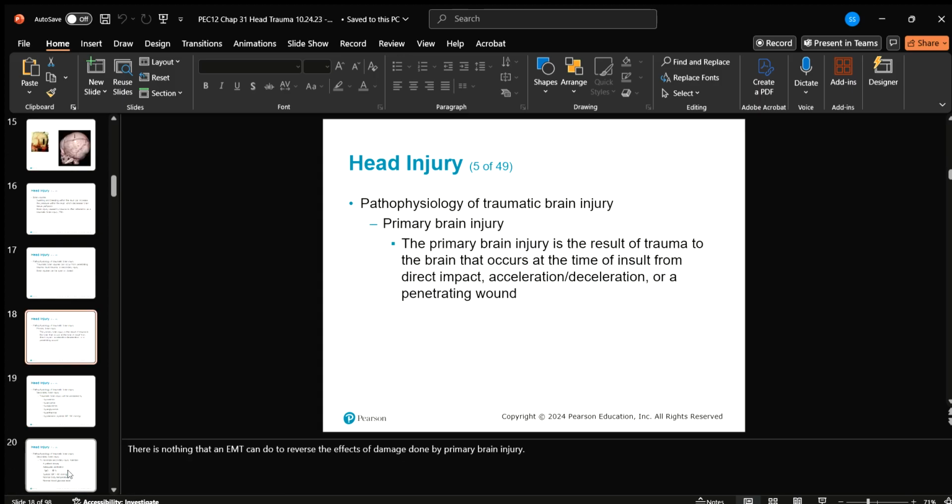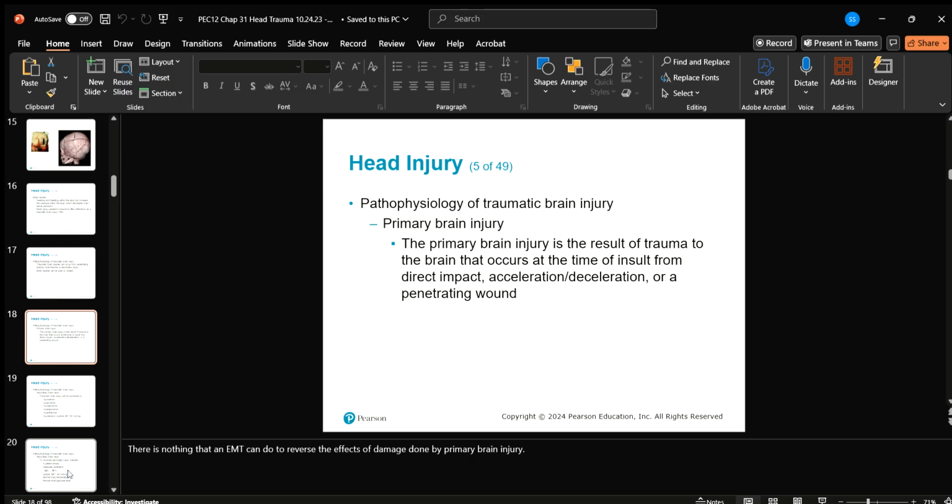Primary brain injury is a result of trauma to the brain that occurs at the time of insult. When we say insult, we're saying whatever the injury was, whether it was direct impact, acceleration, deceleration, or a penetrating wound. Do you guys remember coup, counter coup? Coup, counter coup. So that's acceleration, deceleration. So when we're driving, if we slam on the brakes, our body slams forward.